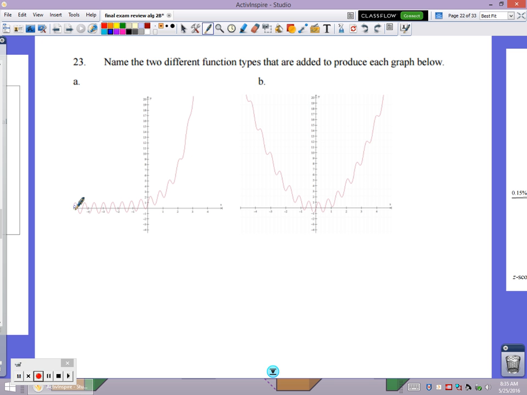All right. Problem 23. So this graph, I'm going to try and do my best to kind of draw it. It's not exact, but it's hard to see, so I'm going to make it a little easier to see. It's something like that. So the question is, name the two different function types that are added to produce each graph below. So we have two different shapes combined here, right?